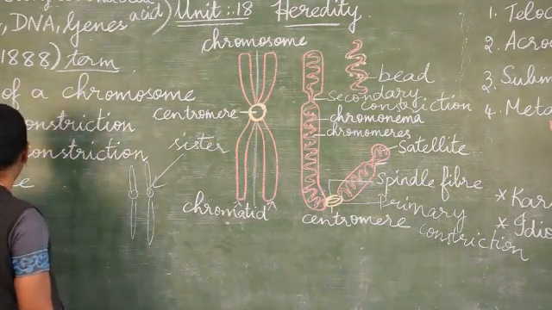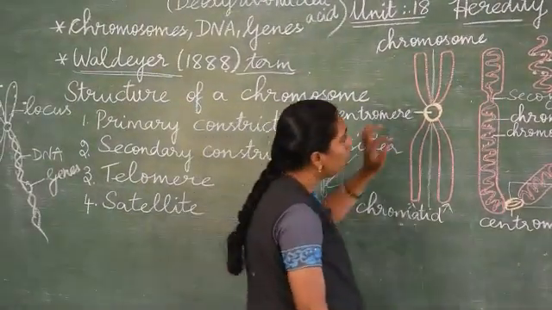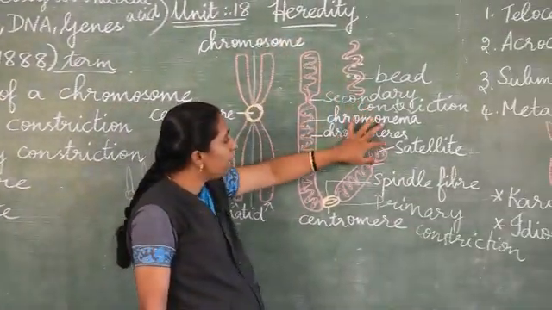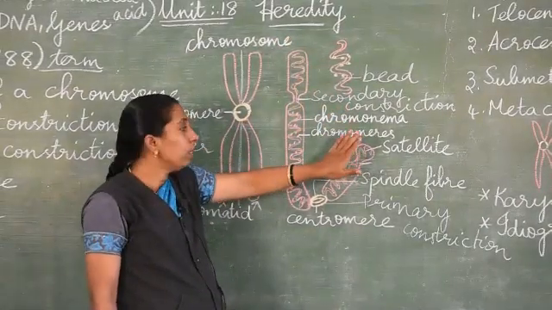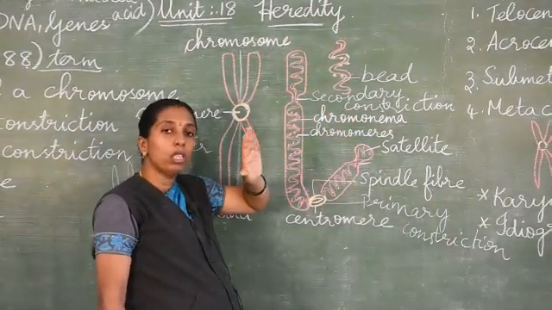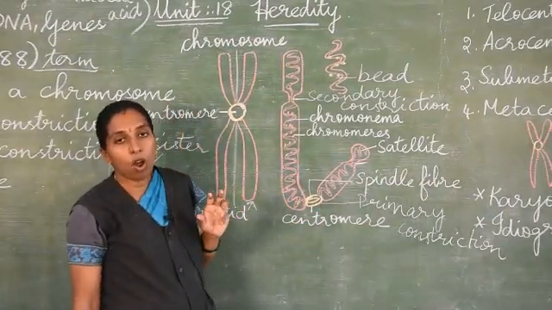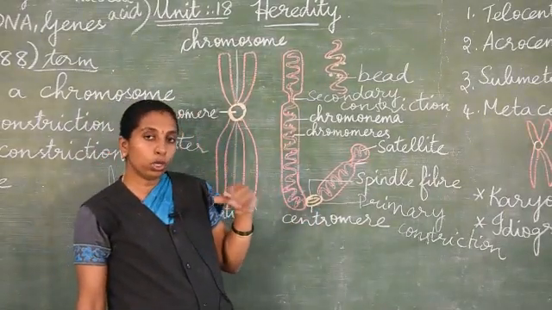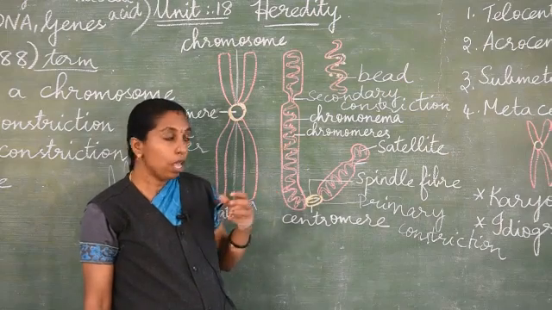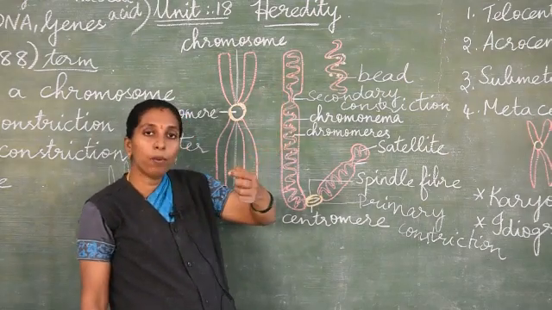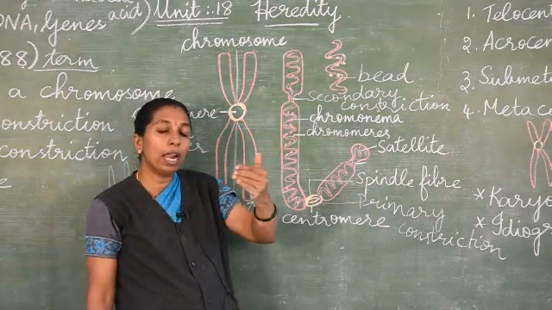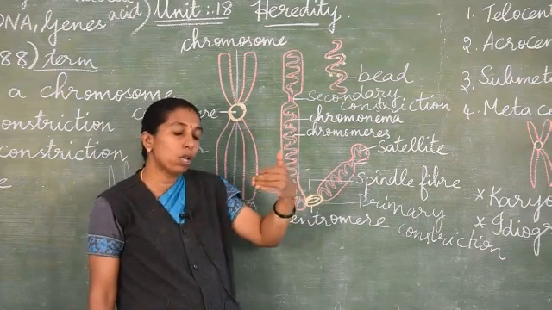Can you see this here? Telomere. The telomere is found at the ends of the chromosome, both ends, and based on the telomere we can find out whether the cell is a new cell or an old one, because the telomere will become shorter and shorter as the cell gets older.